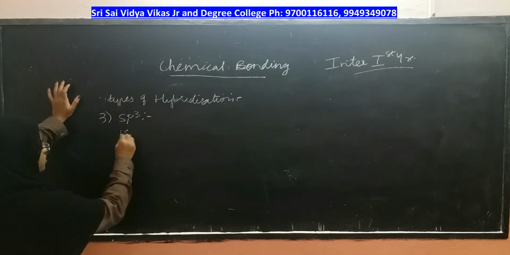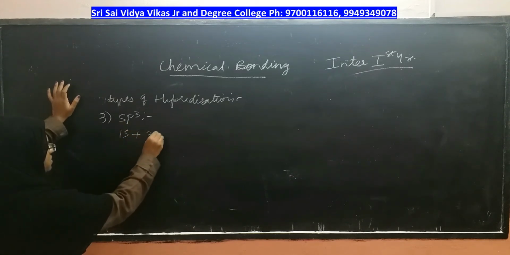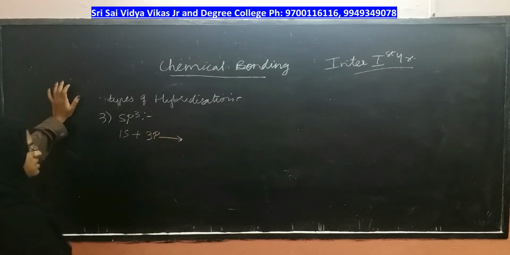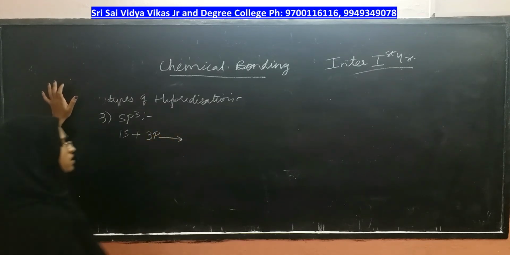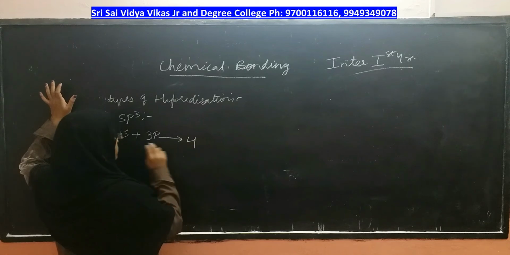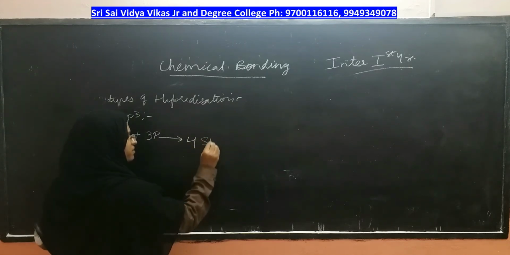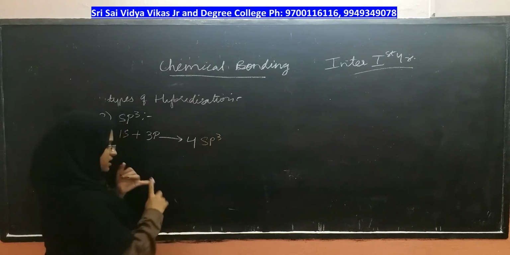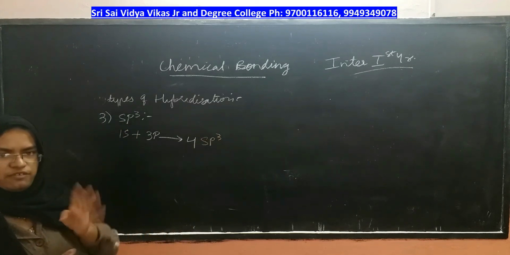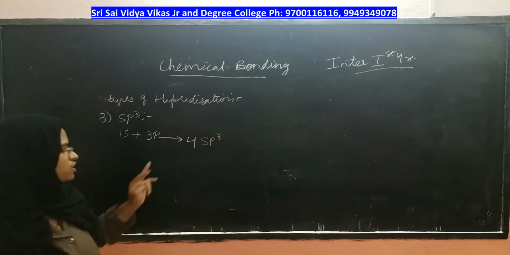One s orbital and 3 p orbitals intermix with each other to give 4, that is 3 plus 1, 4 hybrid orbitals. Each of them is called sp3. 4 sp3 hybrid orbitals you will get.